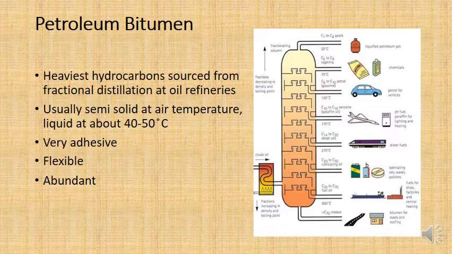Now, the longer the chain, the thicker, more viscous and lower quality it's going to be, and the shorter the chain, the cleaner burning it will be, and the more runny and even the more gaseous it will be.